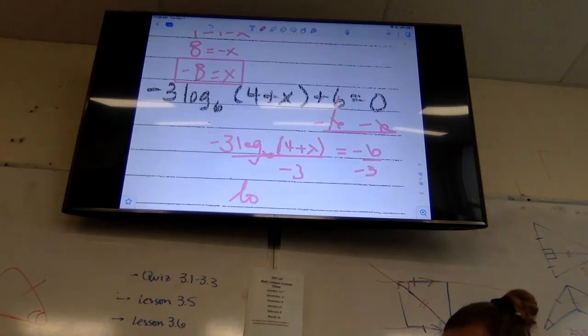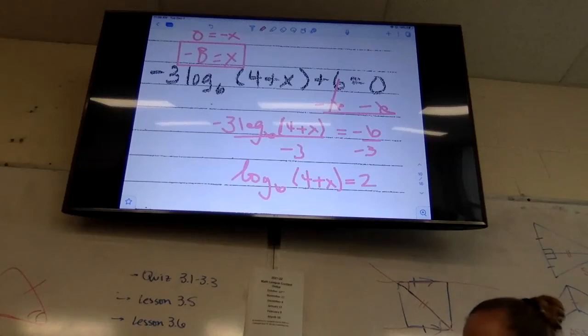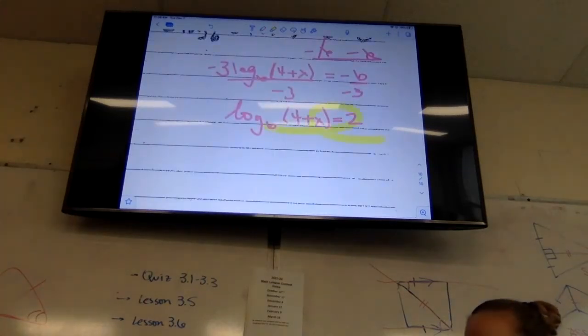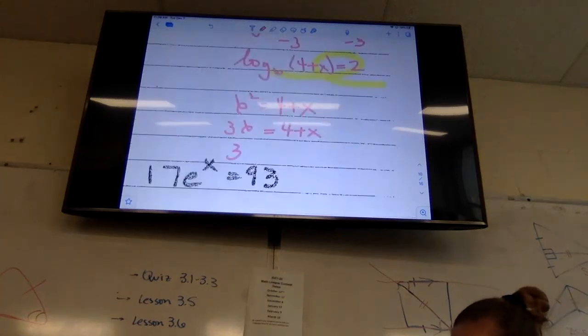Log base 6 of 4 plus x equals, negative 6 divided by negative 3 is 2. What next? Roll it. Perfect. 6 squared equals 4 plus x. And we know 6 squared is 36. 36 equals 4 plus x, and then minus 4 from both sides. 32 equals x.